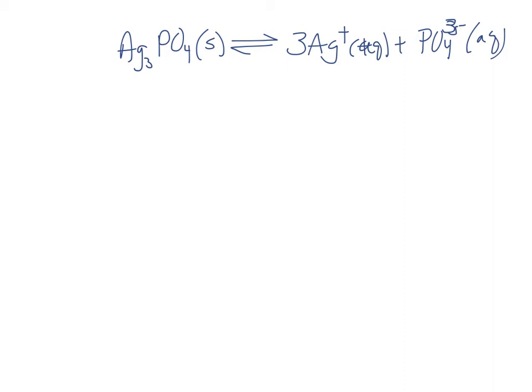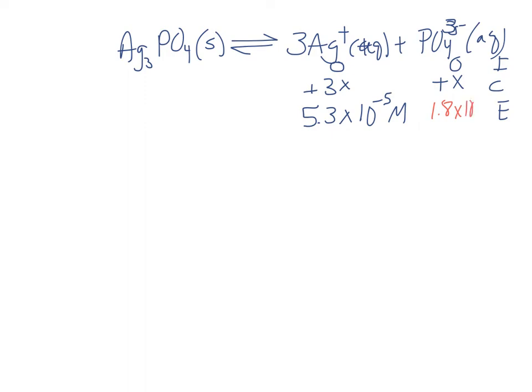So it says that it's found to have 5.3 times 10 to the minus 5 molarity of this. Now we know that that's a plus 3x, wherein this would be a plus x if we started with none. So our ice table would look like that. So we need to divide the 5.3 by 3, and we're going to find that we would make 1.8 times 10 to the minus 5 of the phosphates.